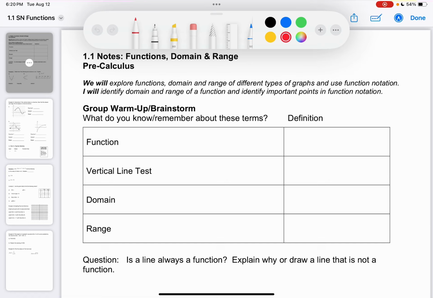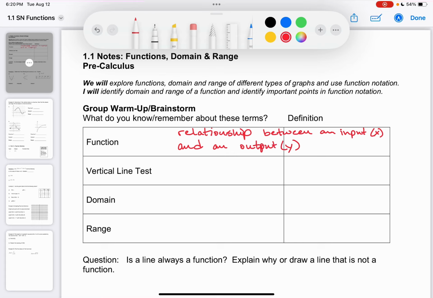A lot of these things are going to be concepts that you learned in Algebra 2, like a function, which is a relationship between an input, which is your x value, and an output, which is your y.